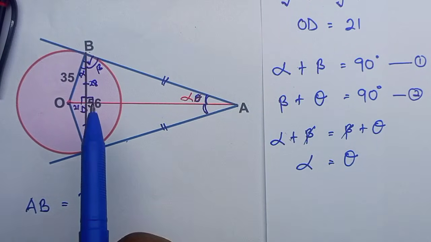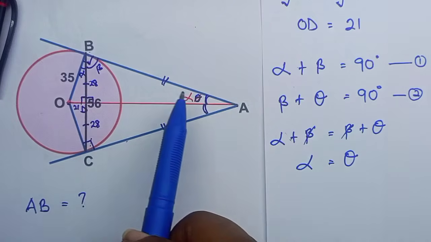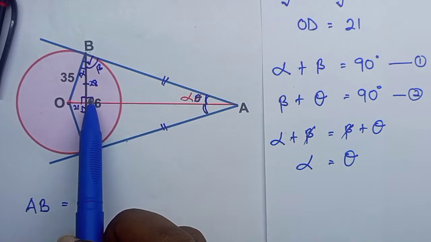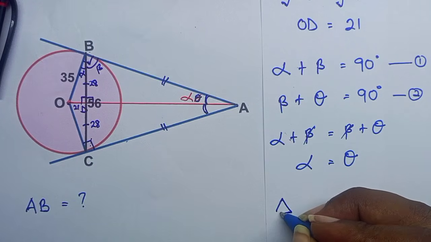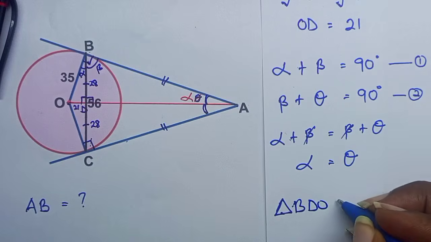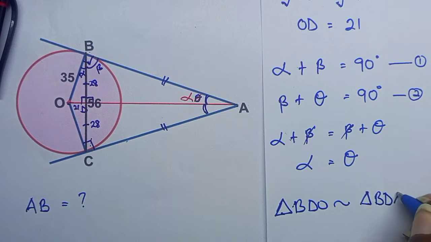So now we can conclude that in this triangle we have alpha here, alpha, 90, 90. So we can say triangle BDO is similar to triangle BDA.